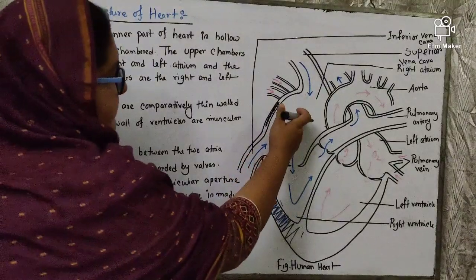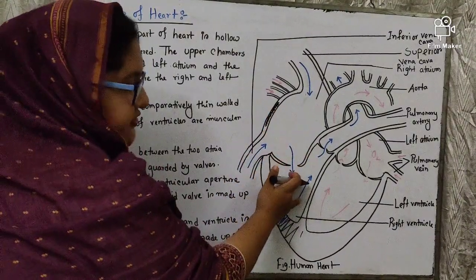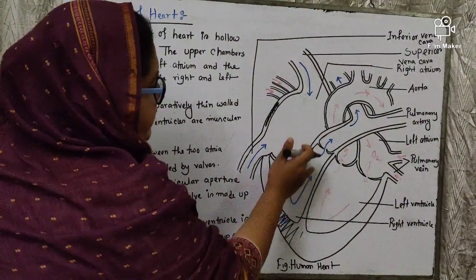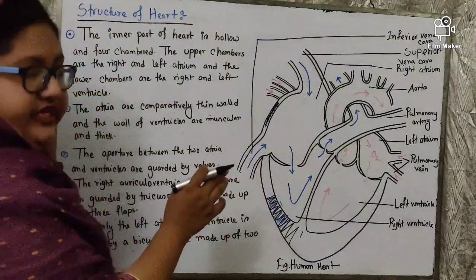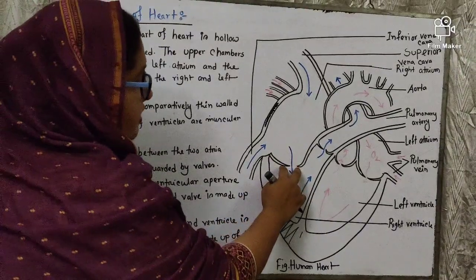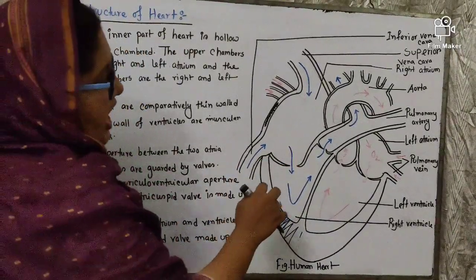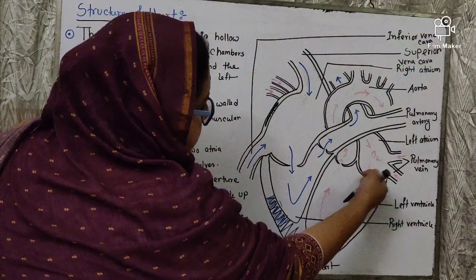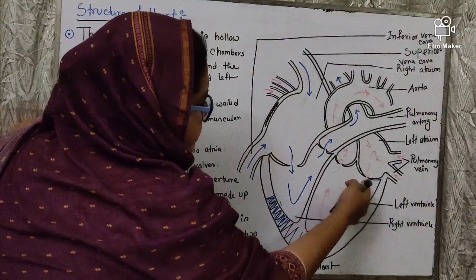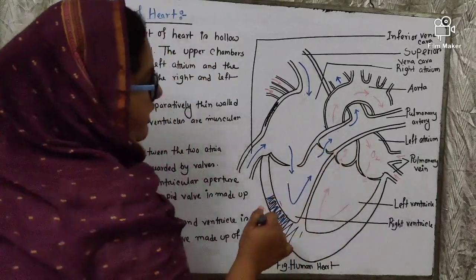That means this is an atrium and this is a ventricle. In between this atrium and ventricle, there is an aperture, which is guarded by a valve. In case of the left atrium and left ventricle, there is also a valve or aperture.